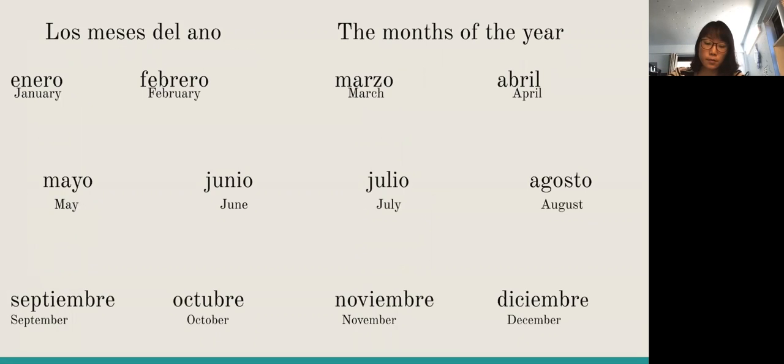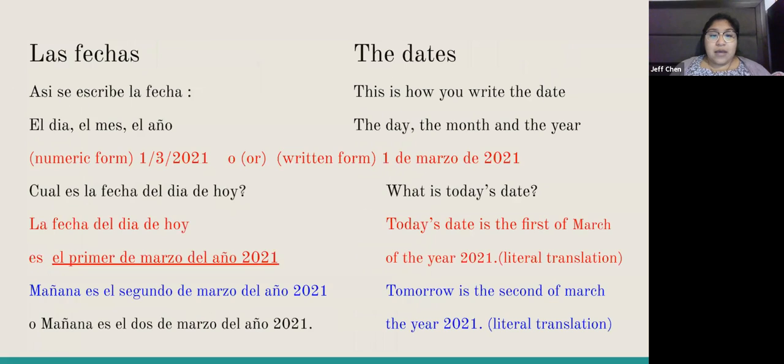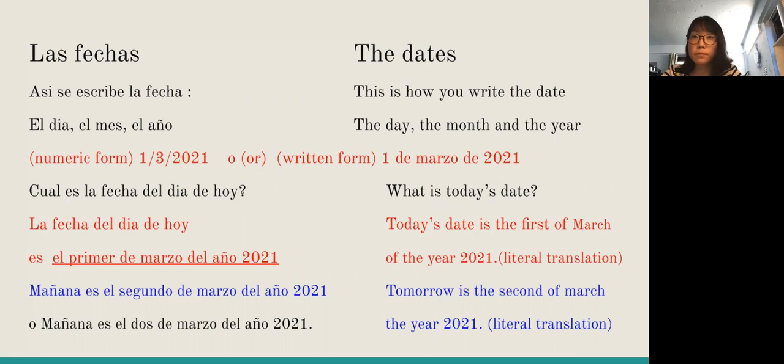Okay. Y aquí tenemos, we have los meses del año, right? Okay. And here we have las fechas, the dates. So here I went over, así se escribe la fecha, right? Sí.